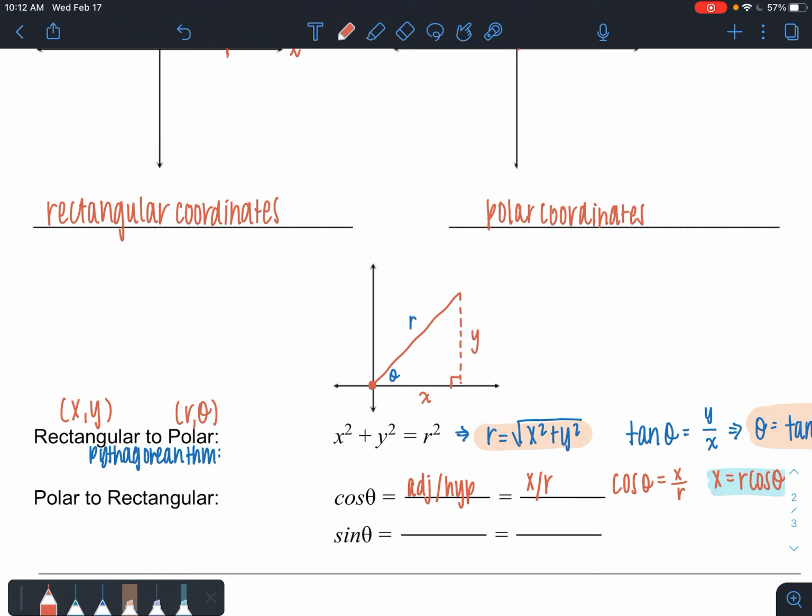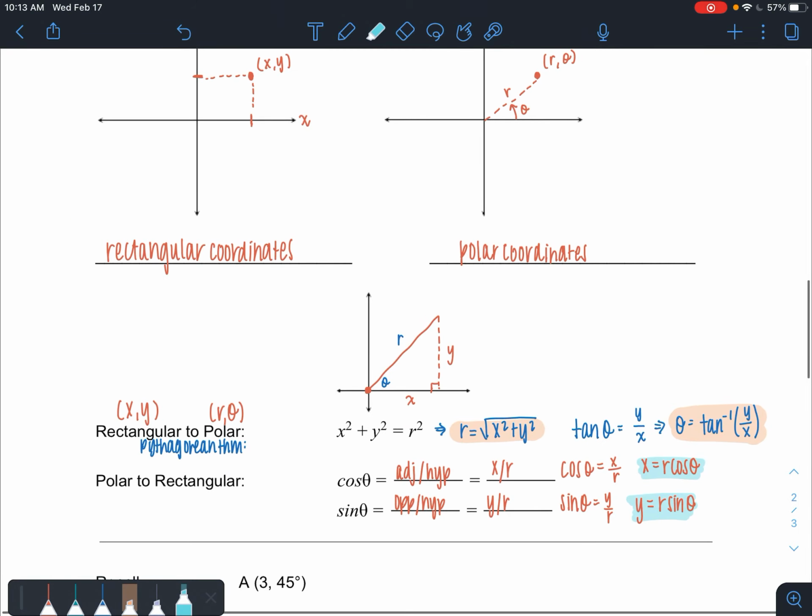Then sine is the opposite over the hypotenuse, which is y over r. So sine of theta is equal to y over r, and then y is equal to r sine theta. Those are our formulas for switching from rectangular to polar and polar to rectangular.